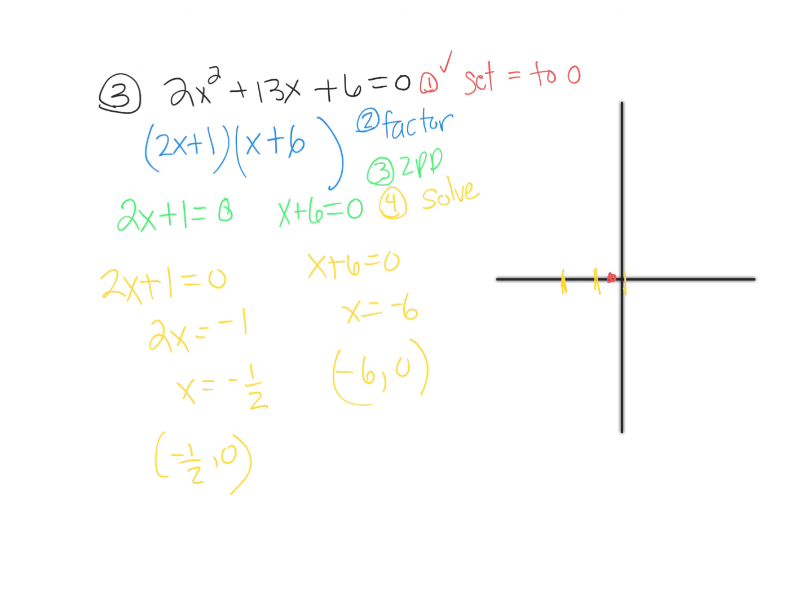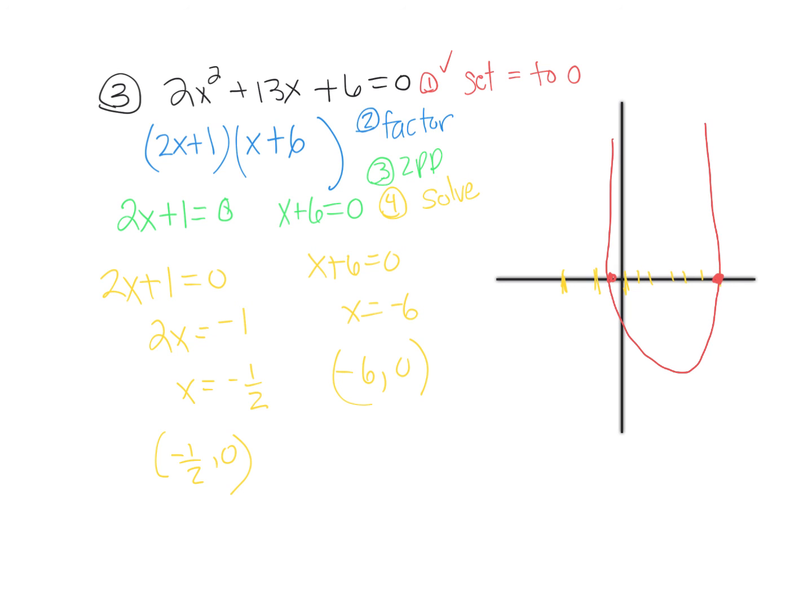So 0, 1, 2, 3, 4, 5, 6. Right here is my other intercept. And in my original problem, the a is positive, and so that tells me when I sketch this that I'm going to have it open up.